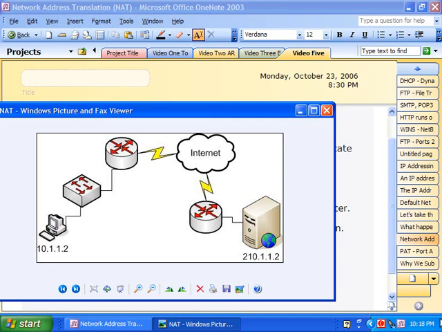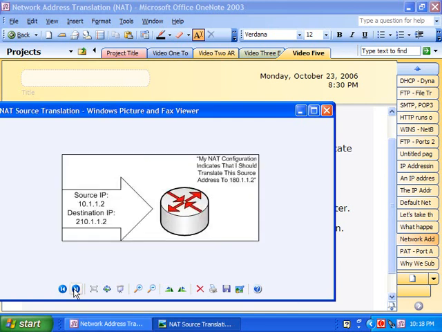We determine which addresses or which hosts will have their addresses translated. Now, in the example we're going to look at here, the host is going to send a packet destined for the website. And we're going to walk through the steps that would occur in that network. The first question the router is going to ask itself is, should I perform this translation? And if so, what should I translate the address to? Now, the packet is coming in with a source IP of 10.1.1.2 and a destination IP of 210.1.1.2. The router knows that's an RFC 1918 private address.